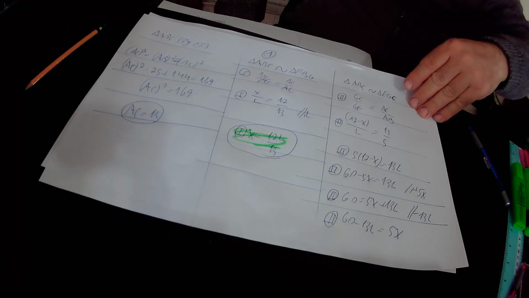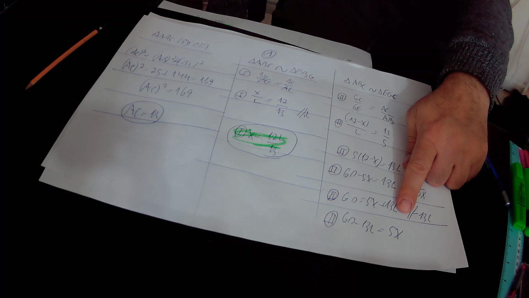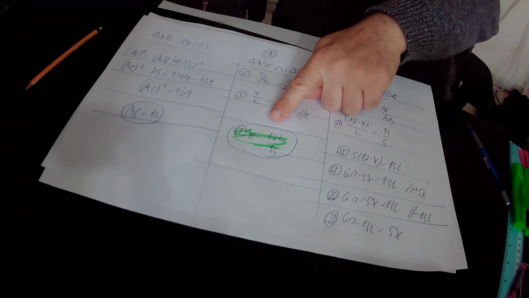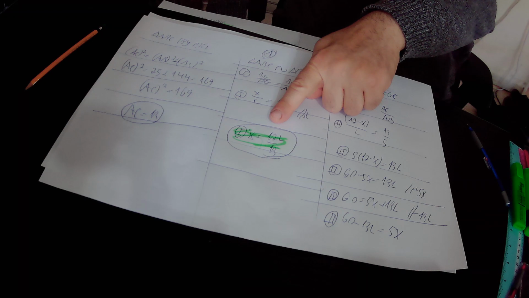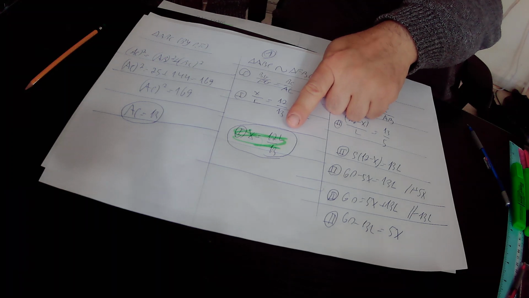Now we can substitute X in this equation 2 by the value that we found for X in equation 1. We found that X equals 12L over 13.